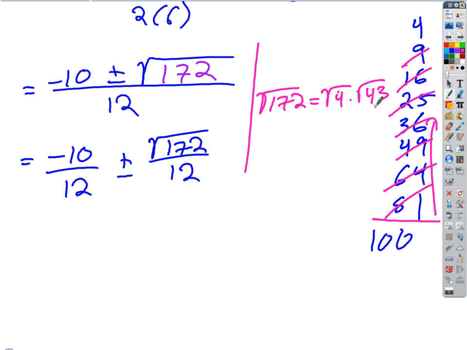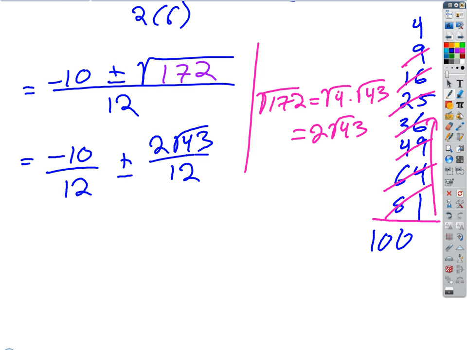Square root of 4 is 2. So we can replace that square root of 172 with a 2 times the square root of 43, right?